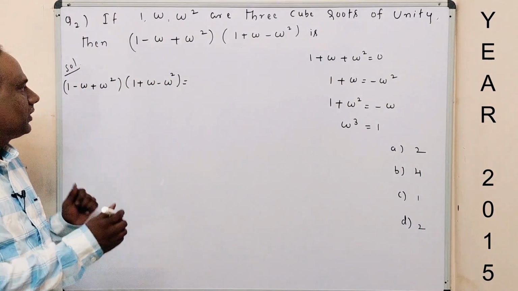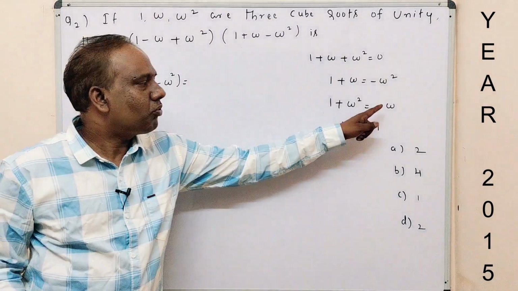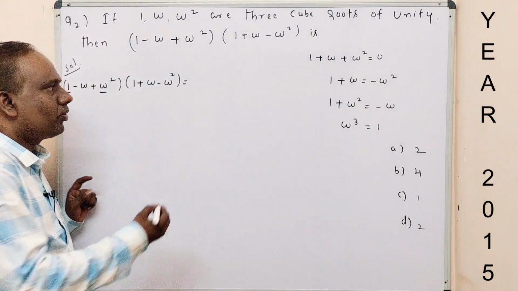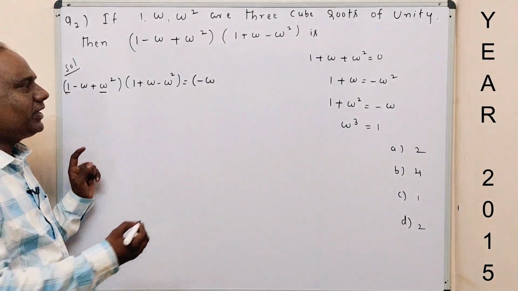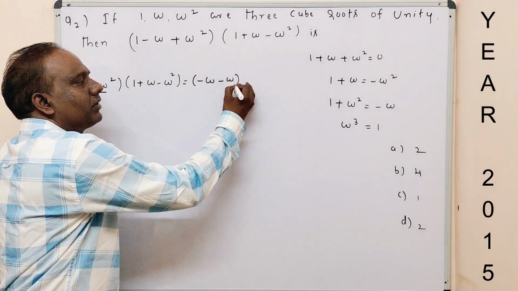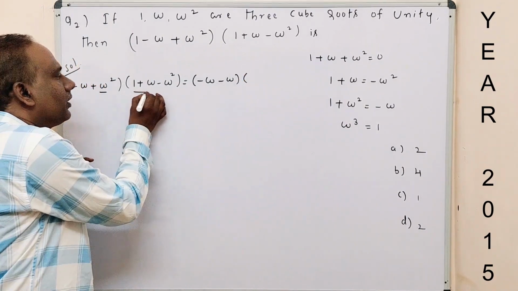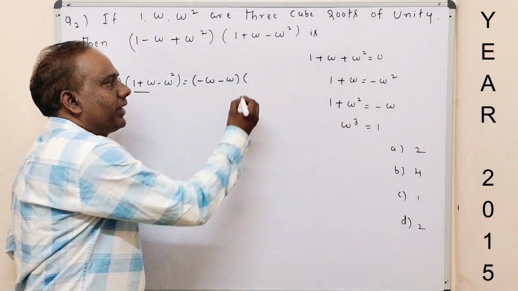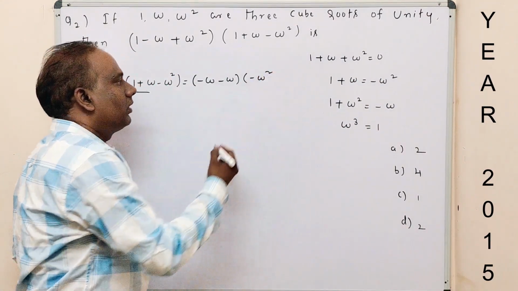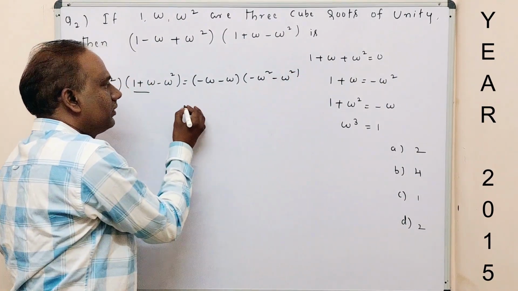So here 1 plus omega square is equal to minus omega, and the remaining is minus omega. And here it is 1 plus omega, so 1 plus omega is equal to minus omega square, and the remaining is minus omega square.